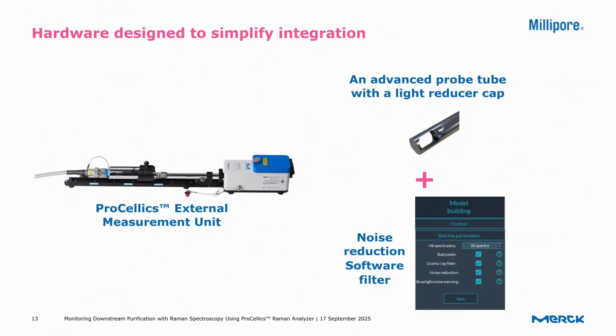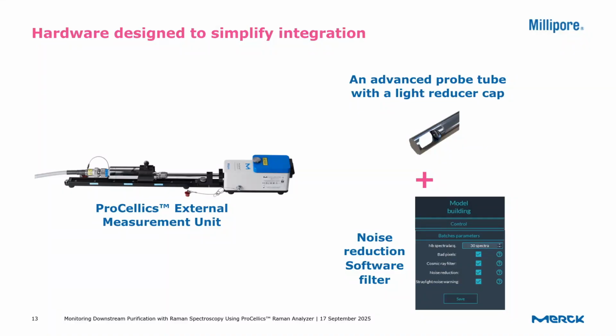We also have a number of new additions to our hardware and software offering that we feel are increasing our differentiated offering. On the left, we have our external measurement unit, which is a valuable tool when you're trying to build initial models. You can build initial models without expending a lot of volume, using this external measurement unit, looking at sample volumes of less than 0.5 ml at a time.